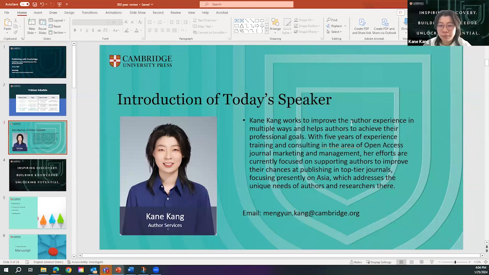So check that. And for the long period, we cannot do too much on that. You can just wait, but you can also email the journal editor to check the process. We can't do too much because that's all about the peer reviewer side. So yeah, we can just wait.